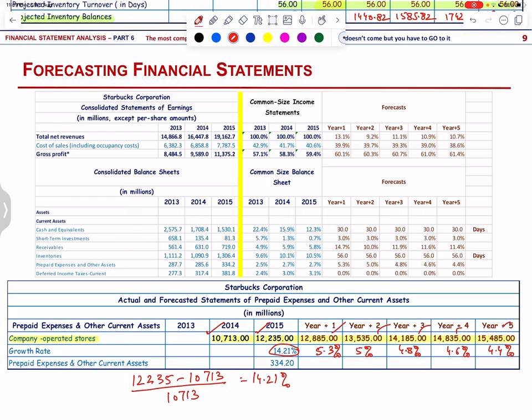Now we calculate the forecasted prepaid expenses and other current assets for year number 1, and that will be equal to prepaid expenses and other current assets for the year 2015, and this value of 334 is picked up from the consolidated balance sheet. So that is 334.20 multiplied by 1.053.